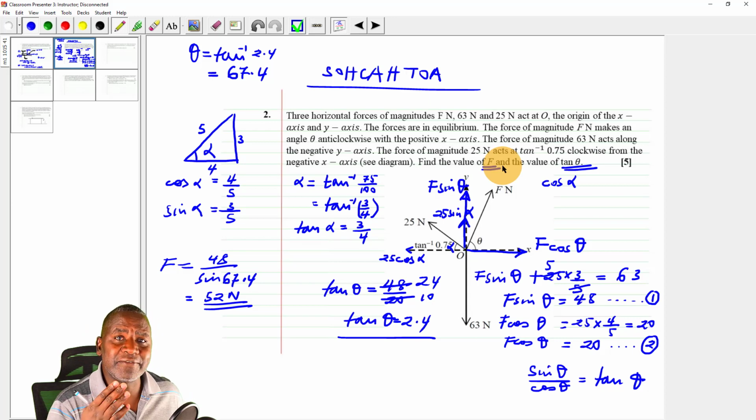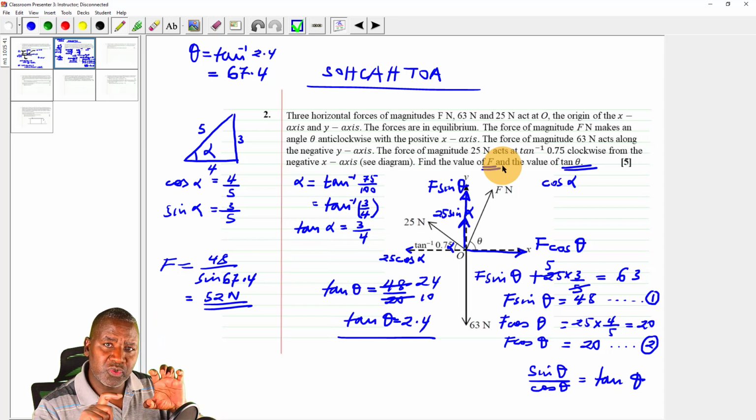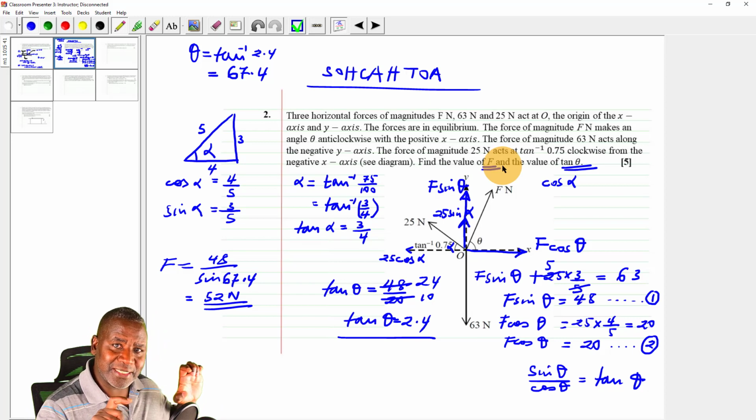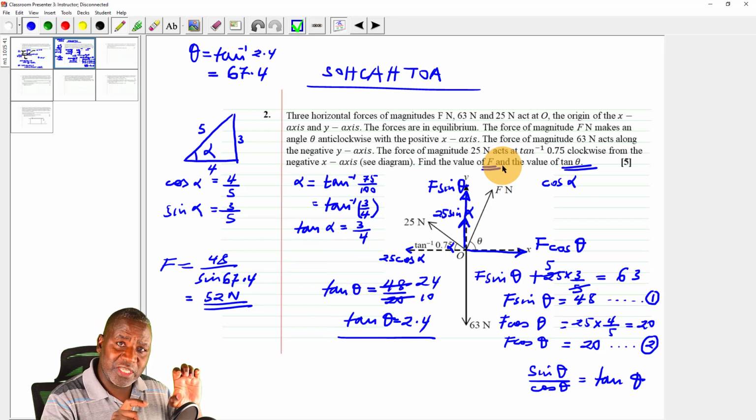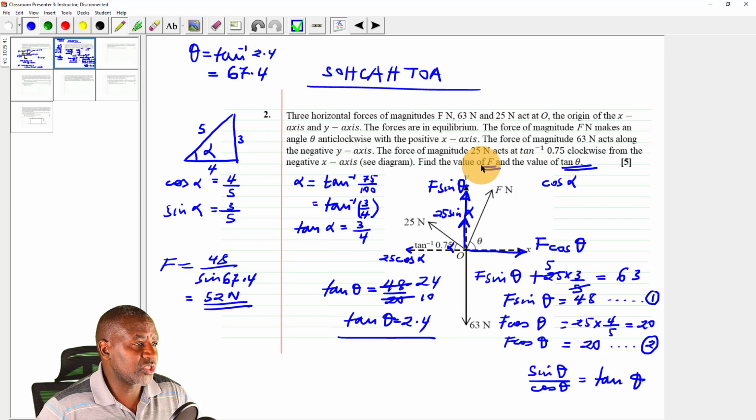Or alternatively, in a very simple way, I can just get the sum of forces in one direction. They should be equal to the sum of the forces in the exact opposite direction. In this case, sum of forces to the right should be equal to sum of forces to the left. Similarly, sum of forces upwards should be equal to sum of the forces downwards. And that is how we would solve question number 2.